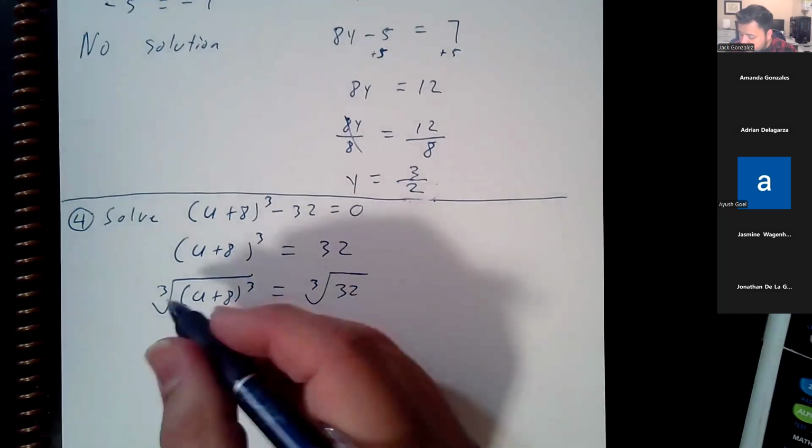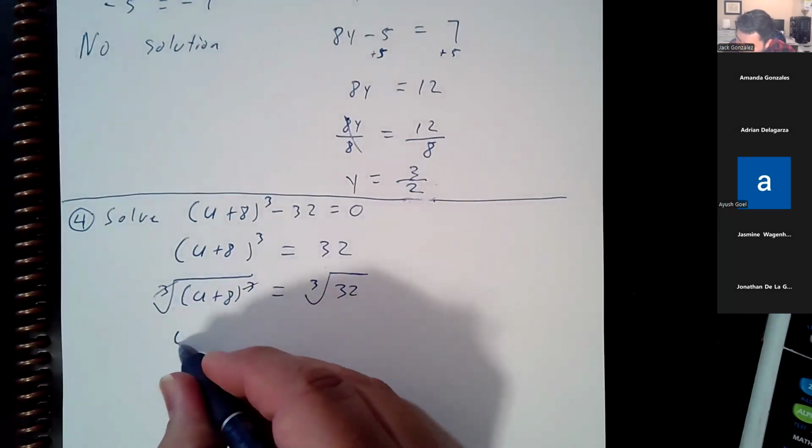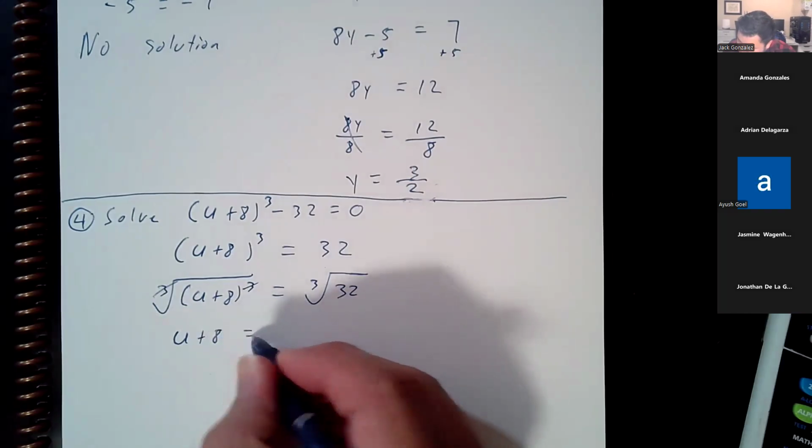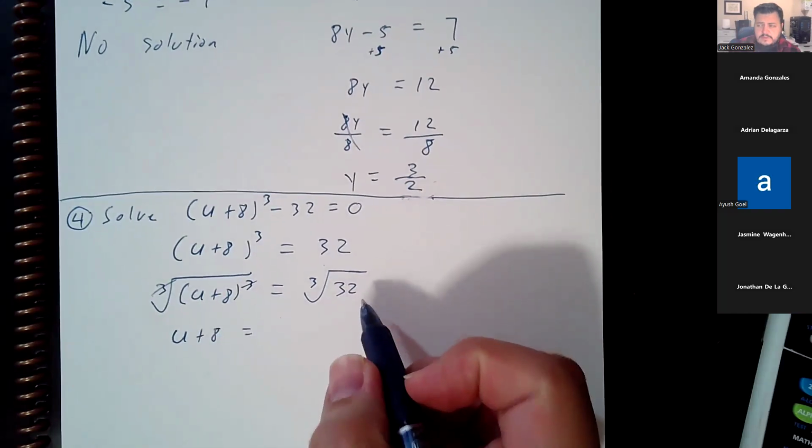Okay, so these will be canceled. Now we got to deal with the cube root of 32.